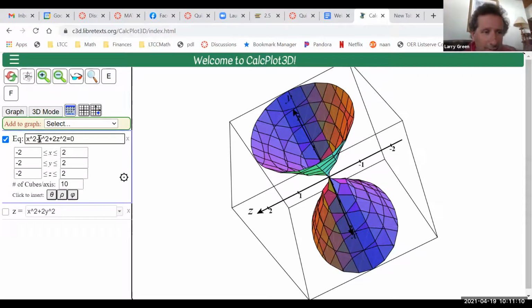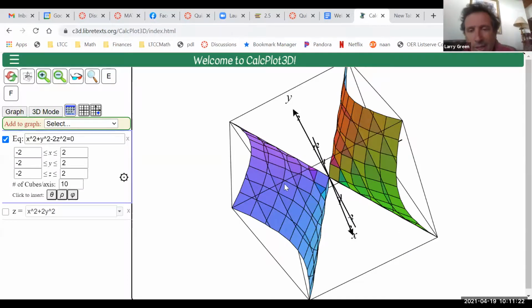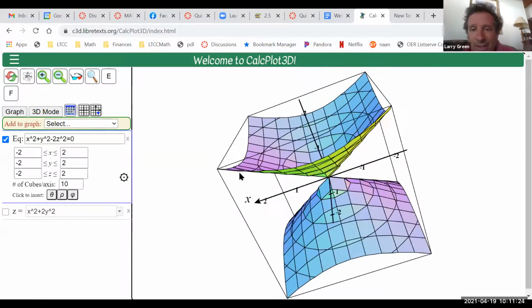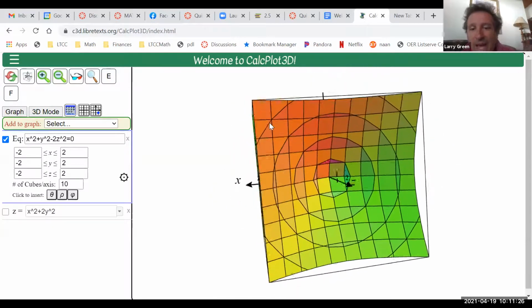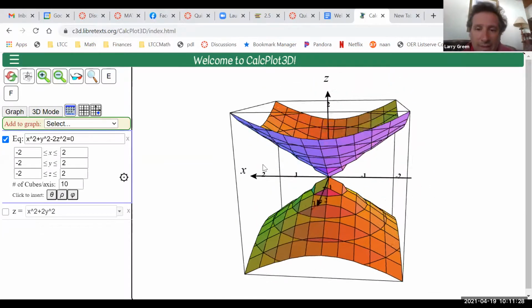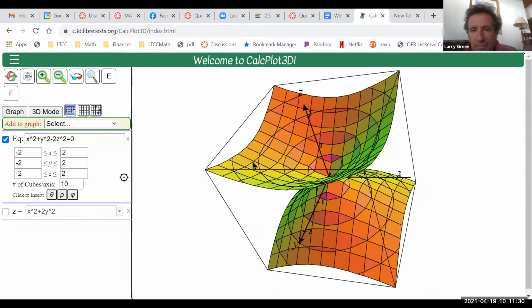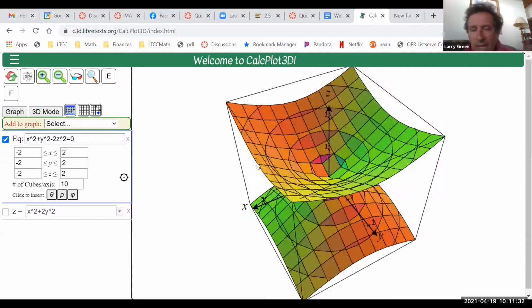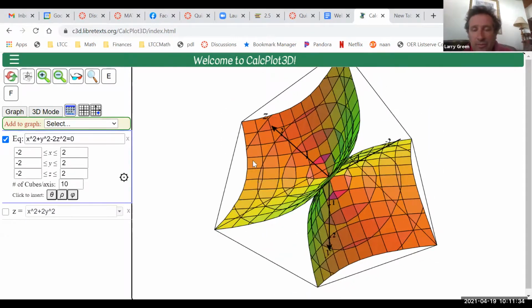Do you see that? If I take that negative and put it on the z-axis instead, then now we have a cone, but it's rotating about the z-axis instead. So it has a z-axis symmetry. Any questions about a cone?